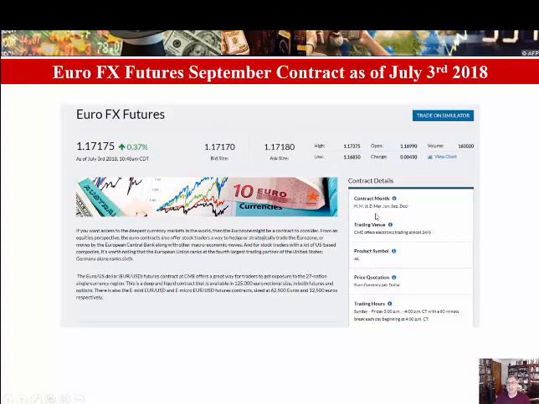As you can see here, the contract expiration months are March, June, September, and December. These have some codes like HMUZ. Each contract is 125,000 euros. The trading volume for this contract for that particular date was 160,020 contracts.